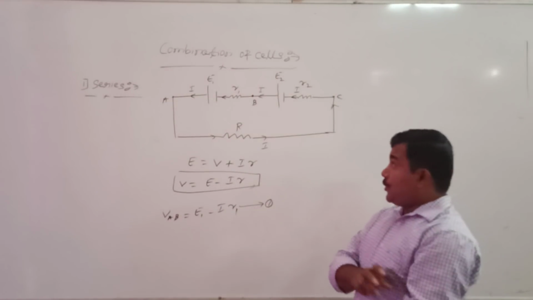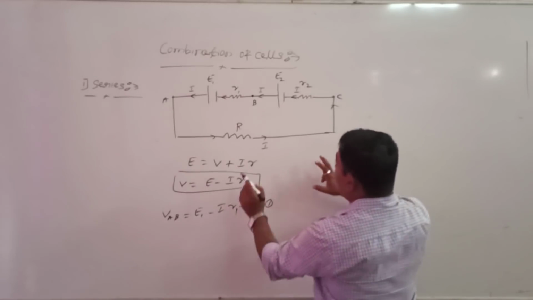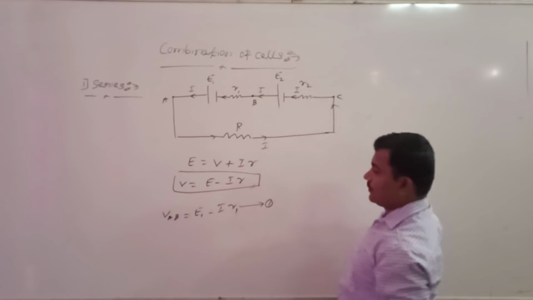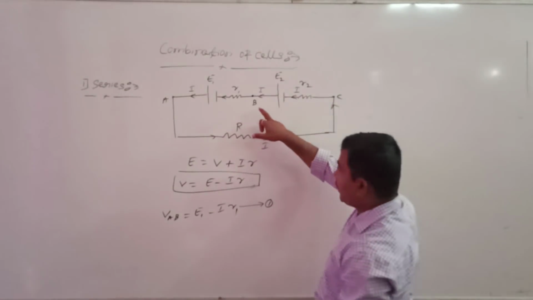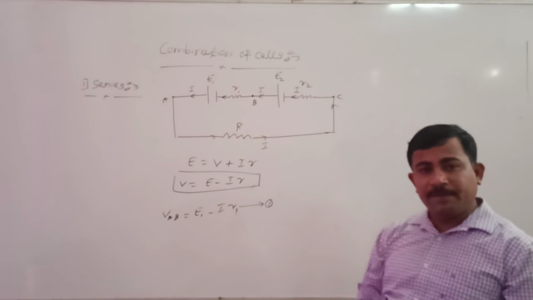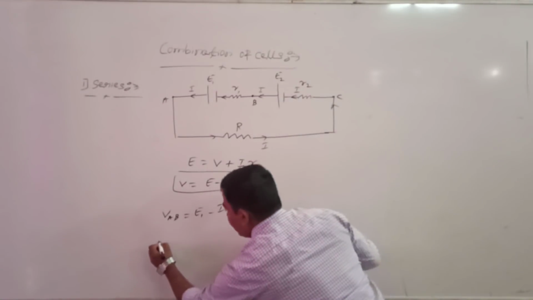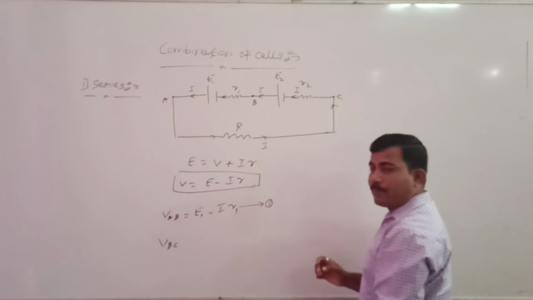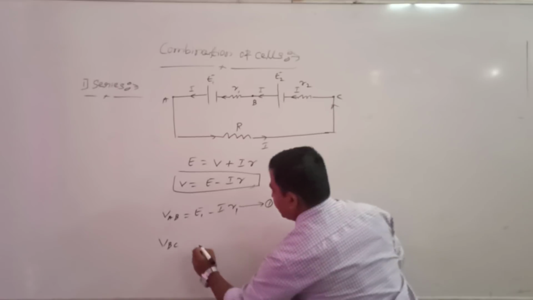Now, the potential difference between B and C for cell E2, from point B to point C. How to write it? The potential difference for cell 2, from B point to C point.